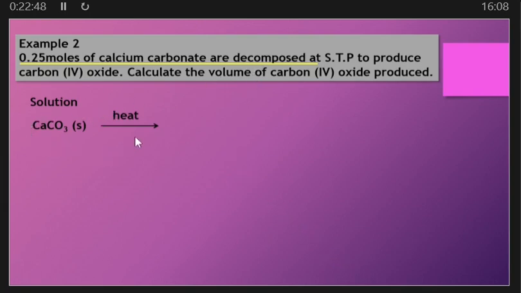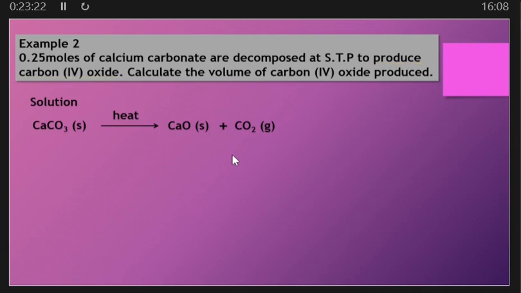Decomposition of calcium carbonate requires heat. This is why we have indicated heat above the arrow. So when calcium carbonate decomposes, it produces calcium oxide, which is CaO(s) as a solid, plus carbon 4 oxide, which is carbon dioxide gas.